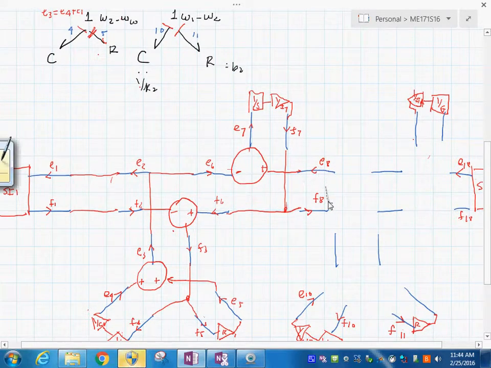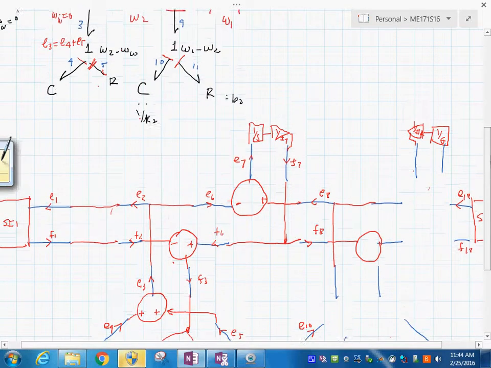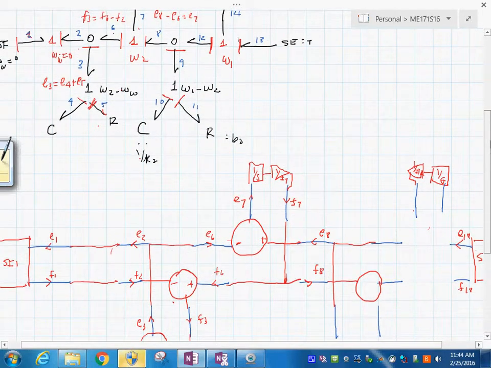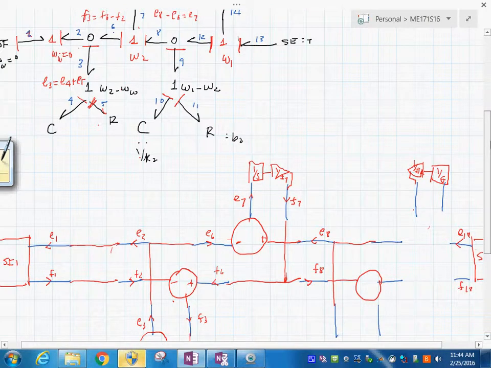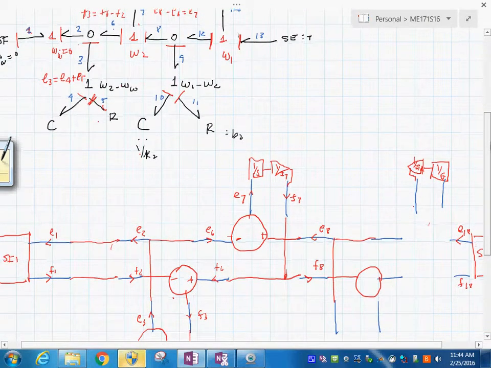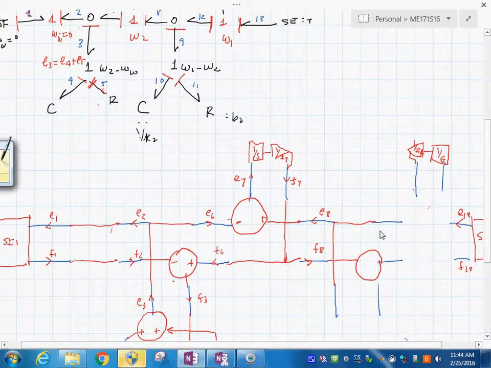And if that is true, let's see which way is the output over here. F12 is like this, and F9 is like this. So I say F9 is F12 minus F sub 8. This is plus and minus, and we're done with that.